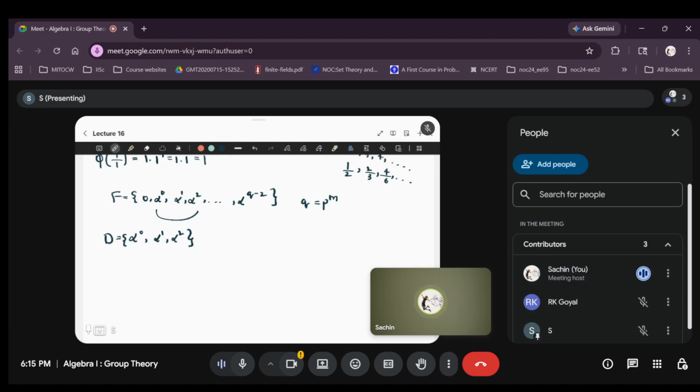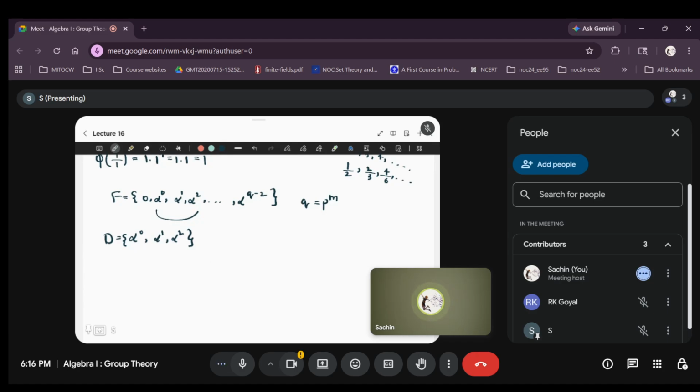So given a subring of a field, you can always add enough elements from the field to that subring to make it back into a field, right? At the end of the day, worst case scenario, you can simply add all the remaining elements of the field to that subring. Then that will give you the original field. But in a better scenario, you need not add all the elements of that field back.